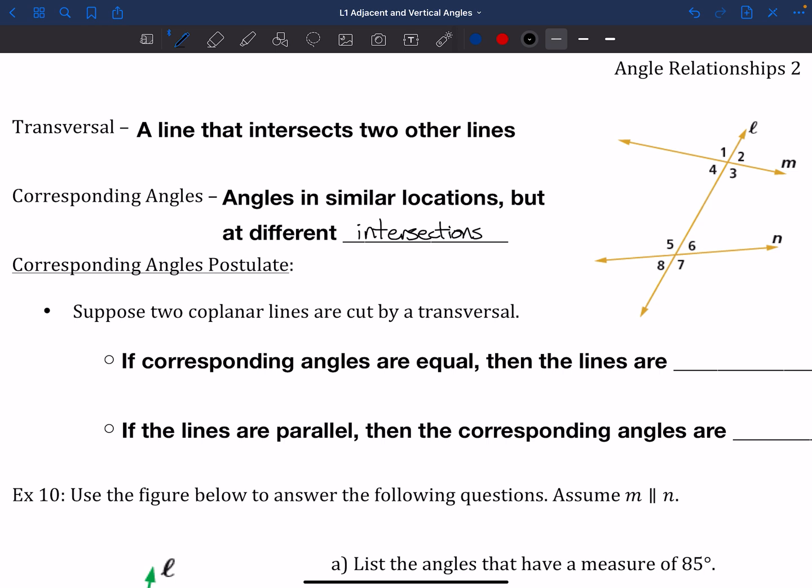The intersection that's close to the school has that sign with the date and the time and the temperature. It's on that part of that intersection. If you then go a little bit further down the road to where the Walgreens is, the corresponding part of that different intersection would be that bank that's over there. They're in the same sort of location on their intersections, but they're at different intersections.